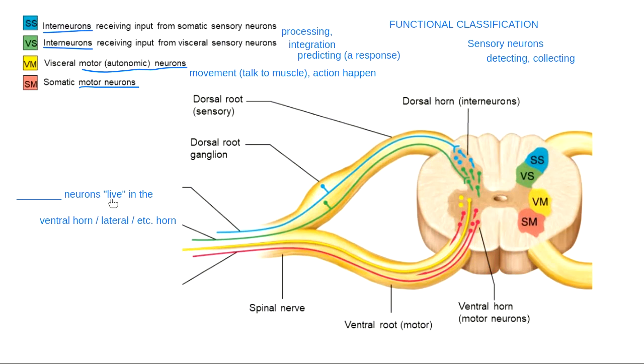Because remember, the cell body of a neuron is the place that actually makes the neuron do its job. So when we talk about the part of a neuron that actually matters for making it a sensory neuron or an interneuron or a motor neuron, it has to do with the location of its cell body.